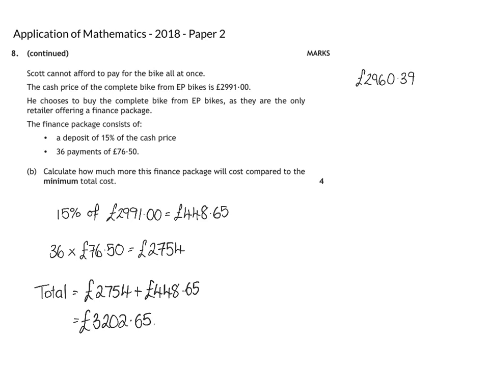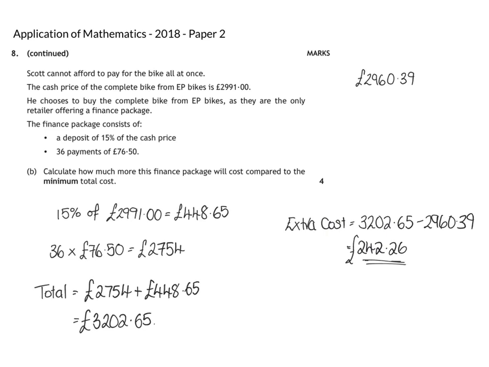So we need to work out the difference to figure out how much more it's going to be. So our extra cost is our £3,202.65, take away that £2,960.39, and we get that the answer comes to £242.26.